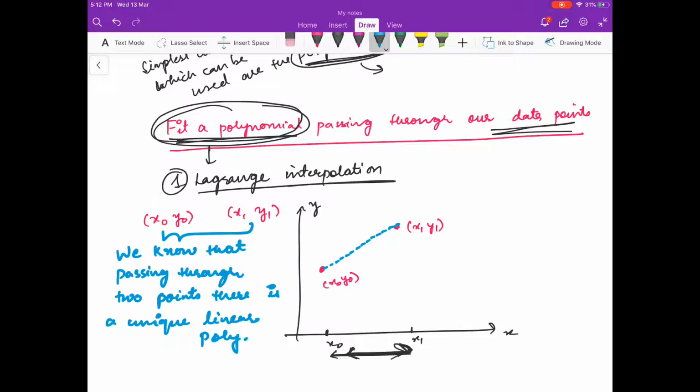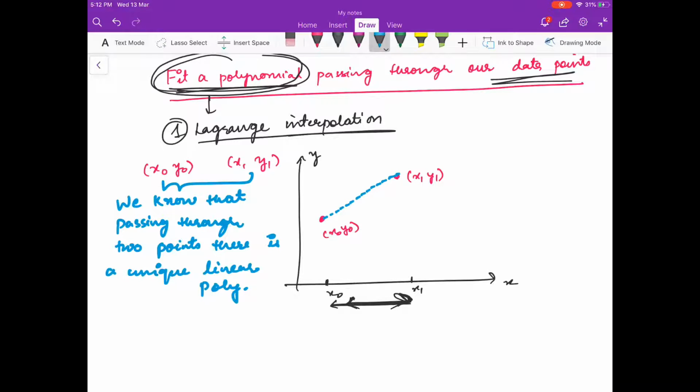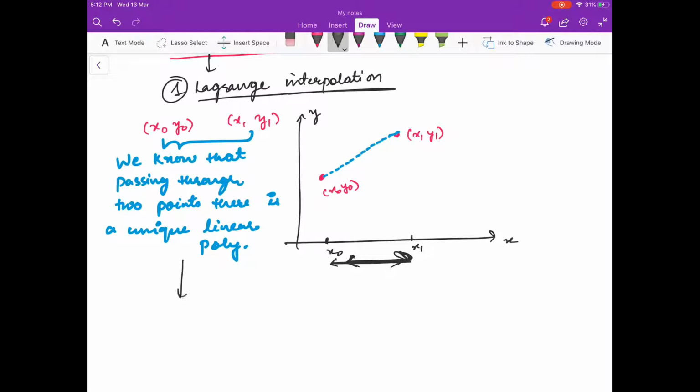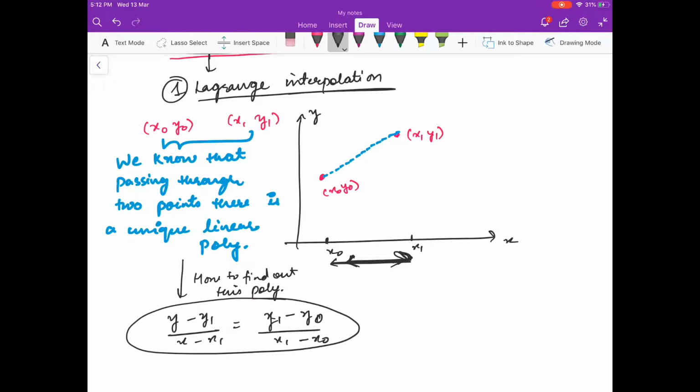There cannot be any other polynomial which passes through these 2 points, and we know how to find this polynomial. For that we know how to write the equation of the line. So you can simply write (y minus y1) upon (x minus x1) is equal to (y1 minus y0) upon (x1 minus x0). So this is the equation of the line passing through 2 points.